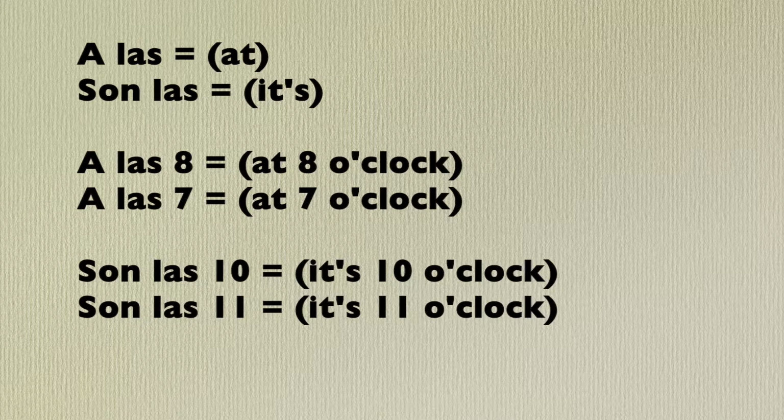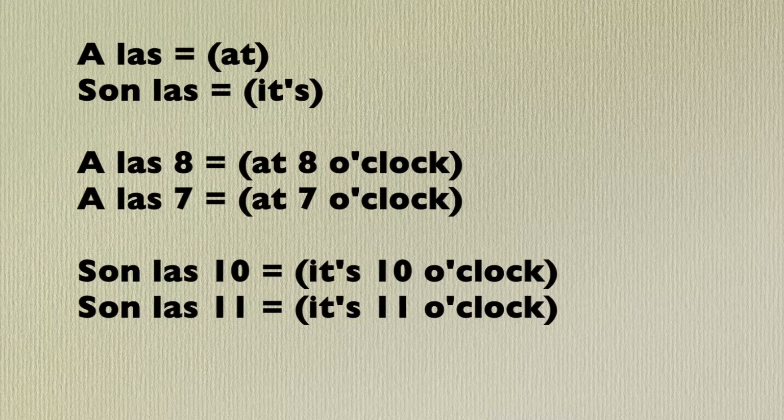We have a las 8, which means at 8 o'clock. A las 7, which means at 7 o'clock. If someone says son las 10, it's 10 o'clock. Son las 11, it's 11 o'clock. Easy, right? It's not too hard.